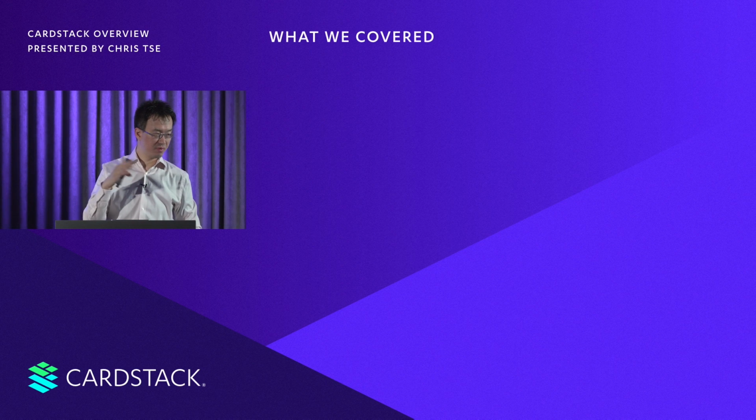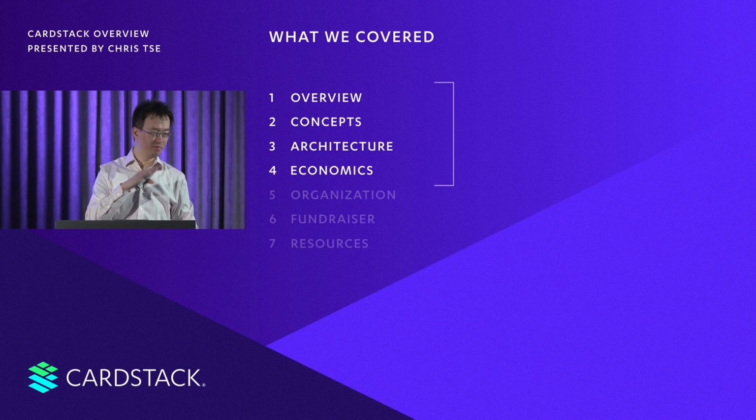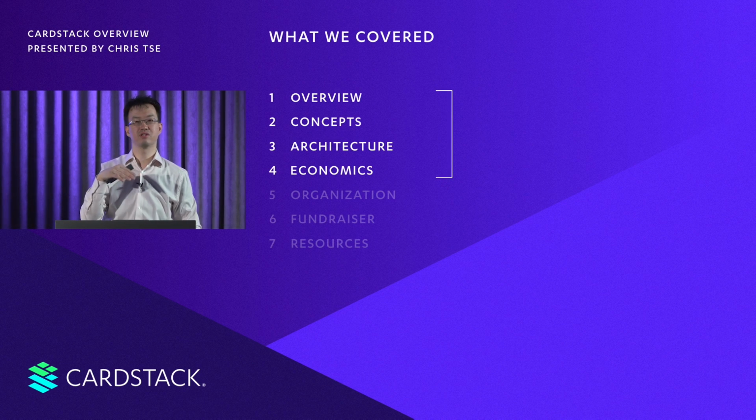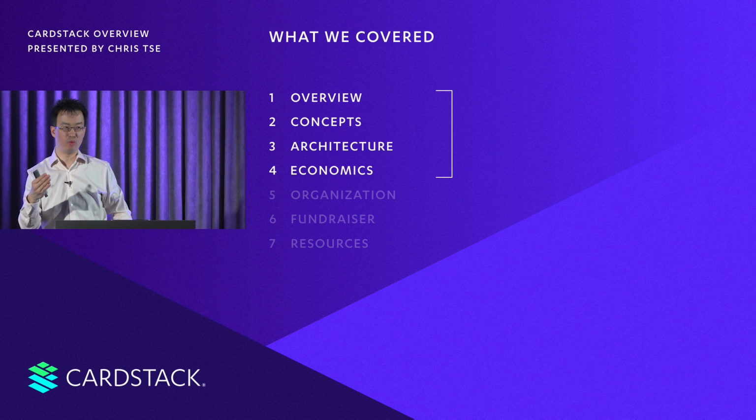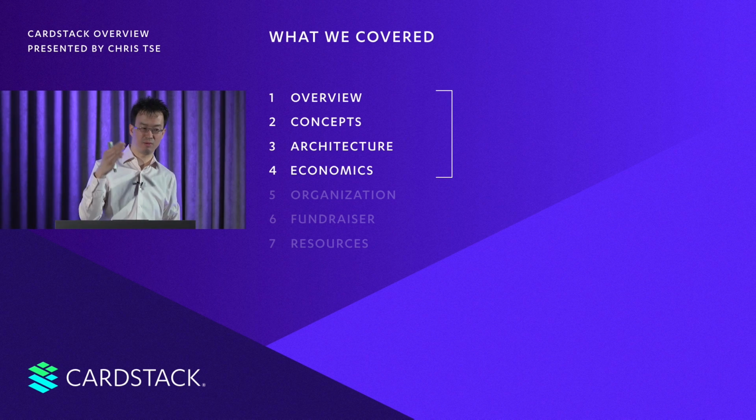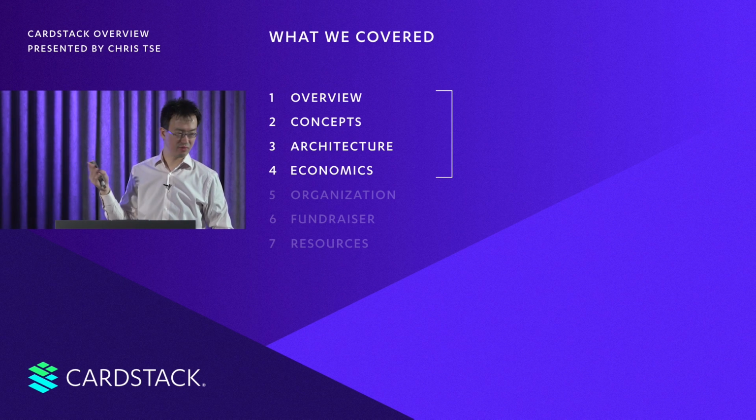In this talk so far, we've covered basically the first 4 sections included in the more long-form white paper that we will publish soon, and possibly already published if you're watching this video a couple of weeks from now.